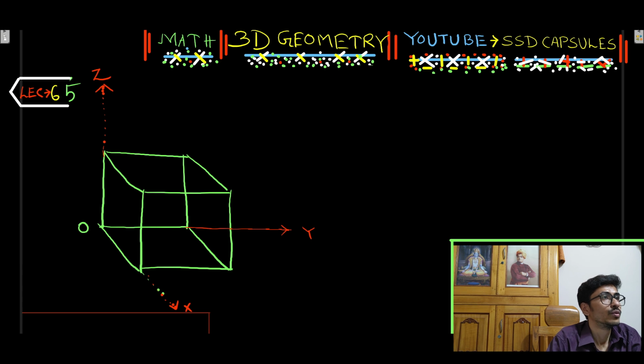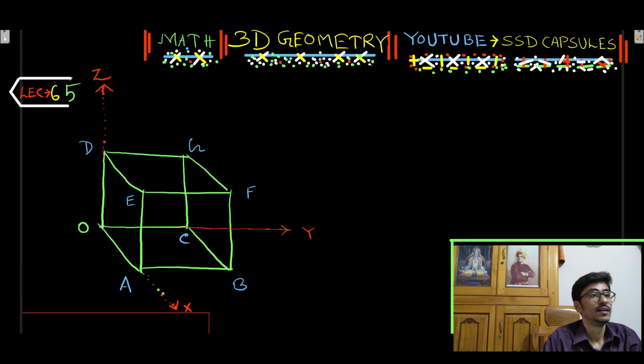Now we name the vertices of the cube O, A, B, C, D, E, F, G. Now as this is a unit cube and we have considered this point O as origin, it is very easy to determine the coordinates of the vertices of the cube.